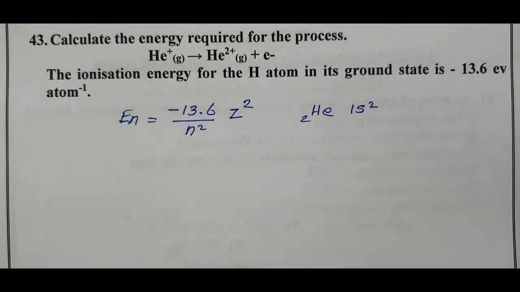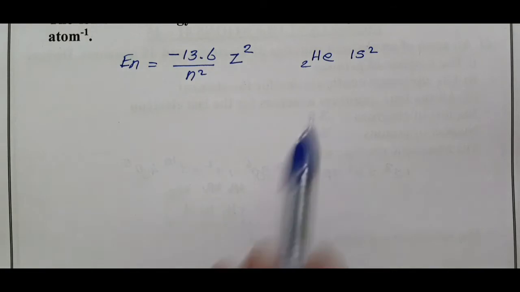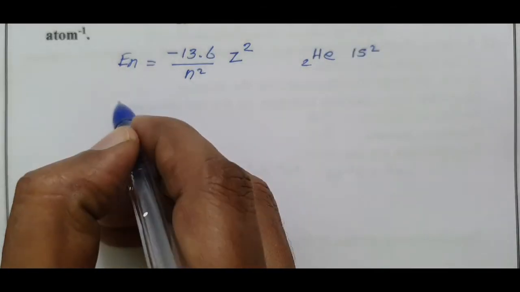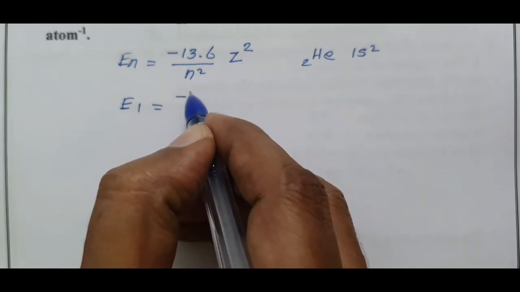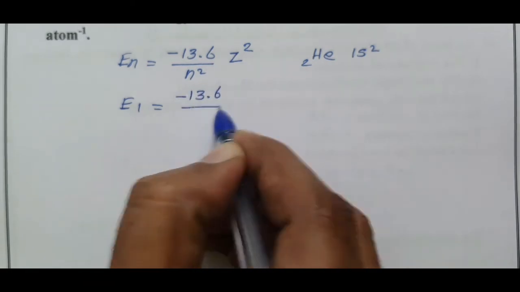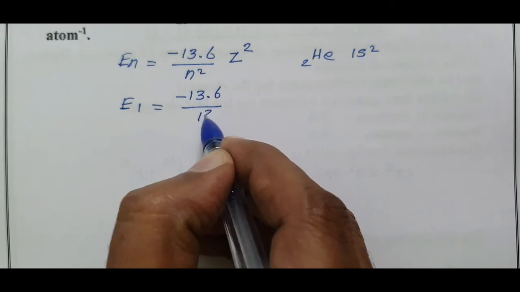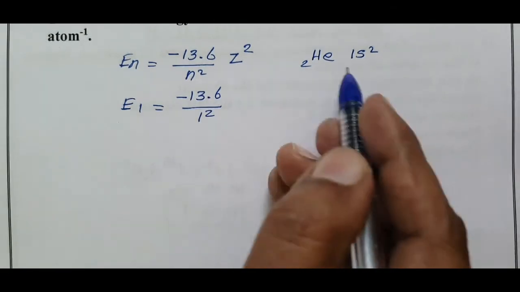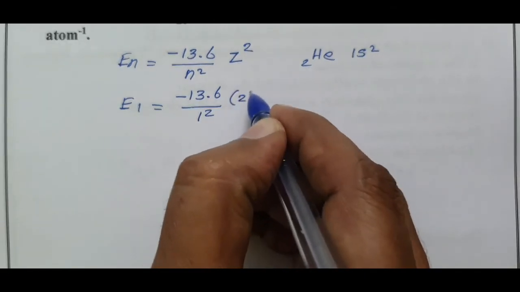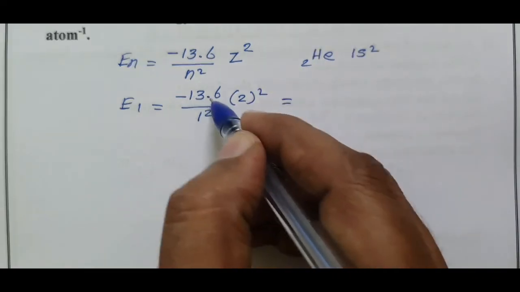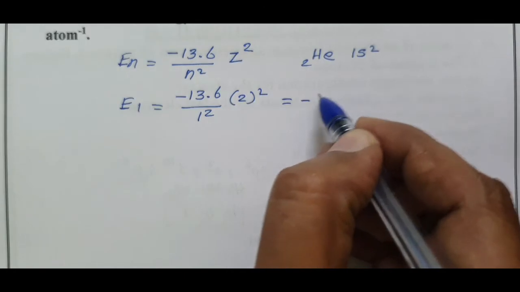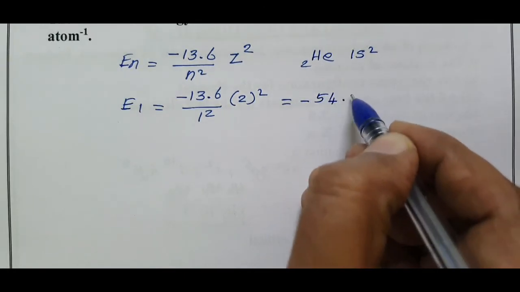Now the electron present in the first orbit, energy E1 equal to minus 13.6 divided by first orbit 1 squared into Z, atomic number of helium, 2 squared. When we solve, we will get the answer 13.6 into 4 equal to minus 54.4.